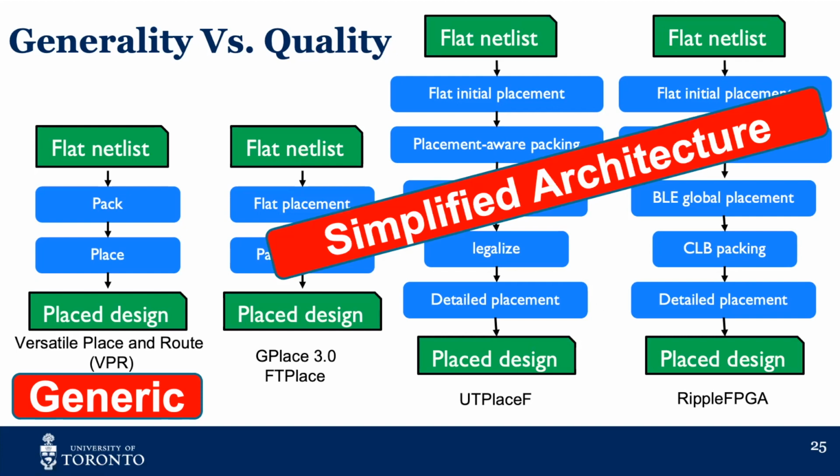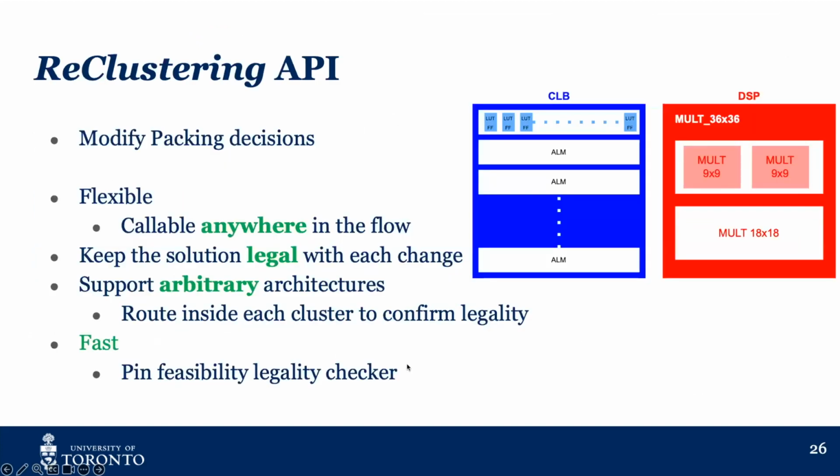they make. The goal of this work is to break the boundary between packing and placement, allowing a flexible reclustering technique to preserve the architecture flexibility while allowing more flexible optimizations. So to do so, we propose the reclustering API, which is a flexible API to modify the packing decisions anywhere in the flow, during packing or placement.